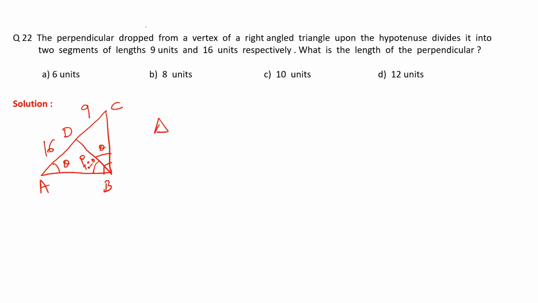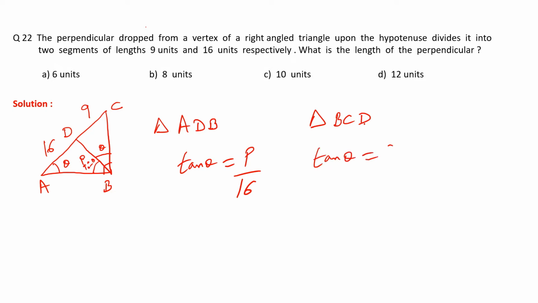If I consider triangle ADB, then I can write the value of tan theta as P upon 16. And if I consider triangle BCD, then I can write the value of tan theta as 9 upon P, right?